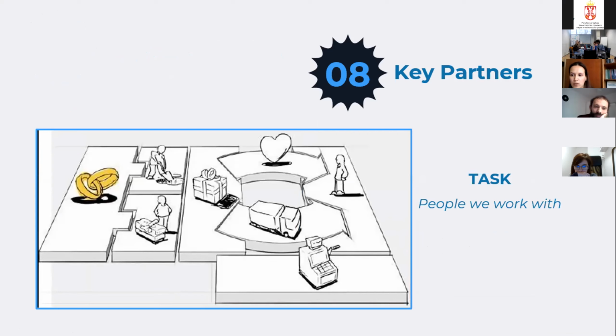The next block of the business model canvas is key partners. Here, our task is to give a snapshot of the people we work with.